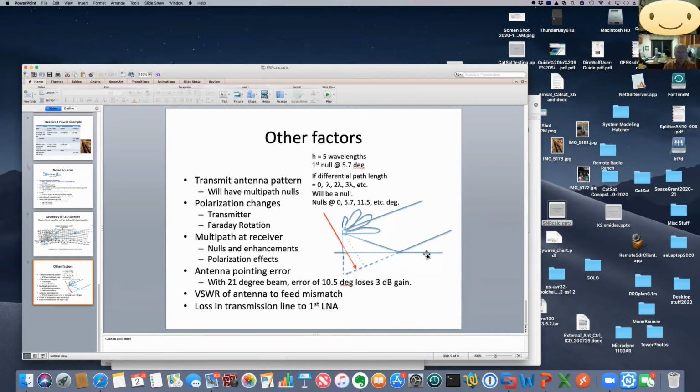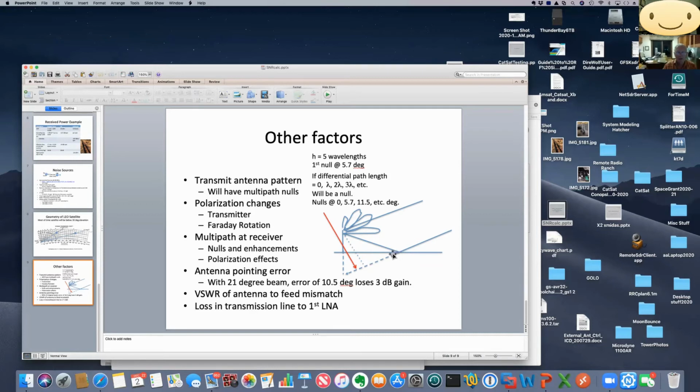And the effect of this is that if this is a perfectly smooth Earth, the ground acts just like a mirror. You can't really tell the difference between that path and the image, what they call an image antenna down here. So you can calculate the difference in these two paths as being this line segment where the red arrow is pointing. And if that line segment is 0, it turns out this reflection flips the phase.